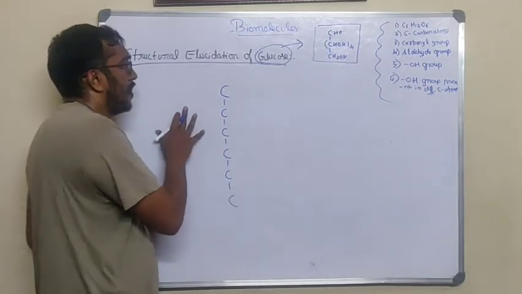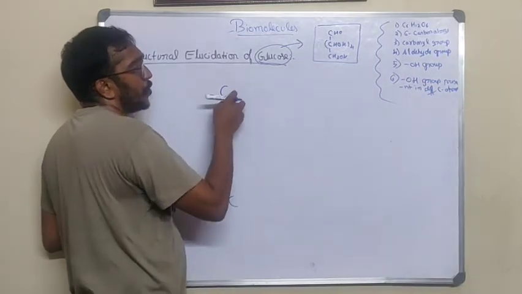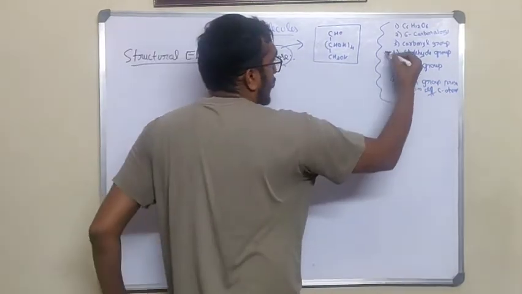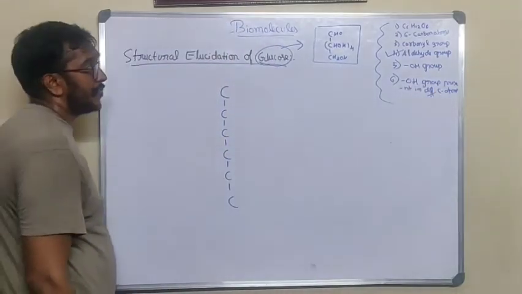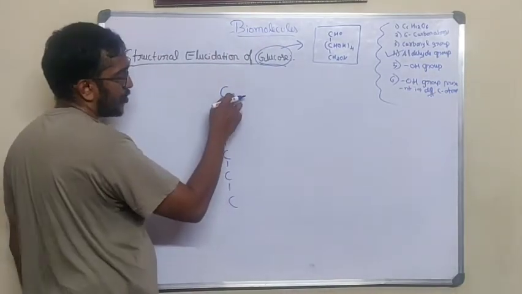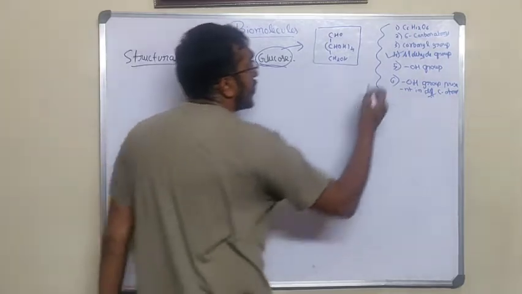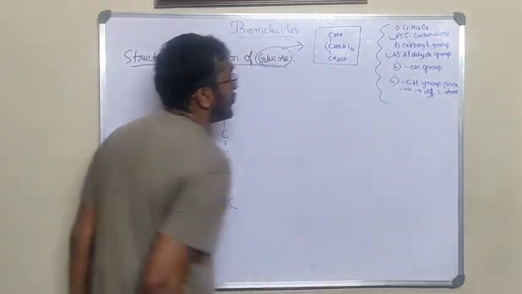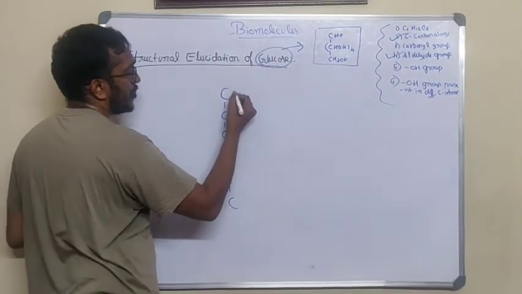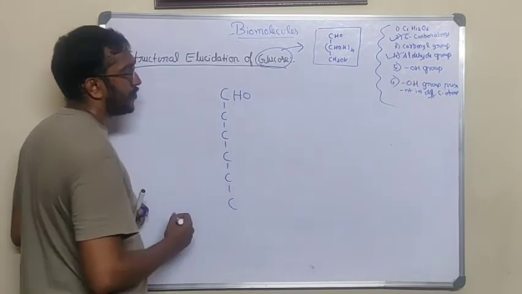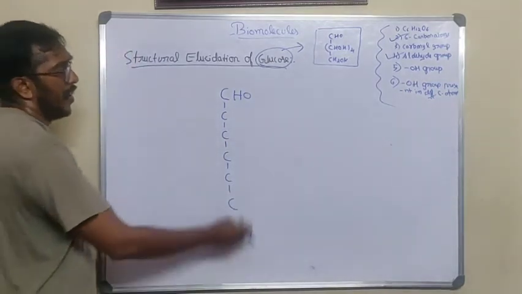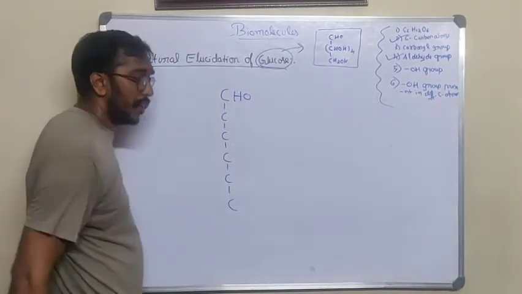It is very clear that an aldehyde group will be there. There are 6 carbon atoms, 1, 2, 3, 4, 5, 6. So CHO, and also at the last carbon atom CH2OH will be there.